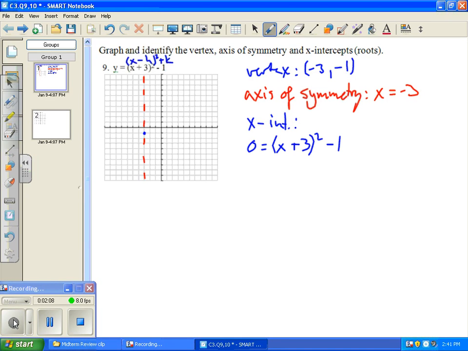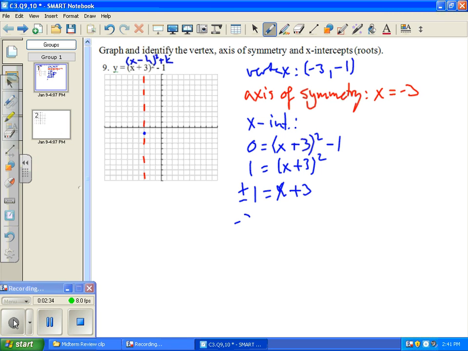The first thing, add 1 to both sides. To get rid of that square, we take the square root of both sides. The square root of 1 is just 1, but remember it's the square root of a square, so plus or minus 1 equals x plus 3.